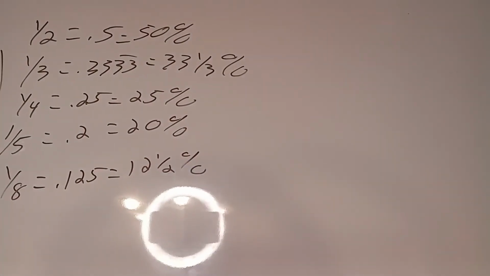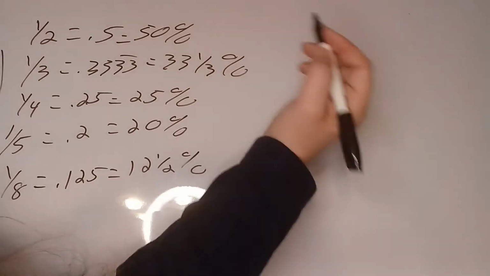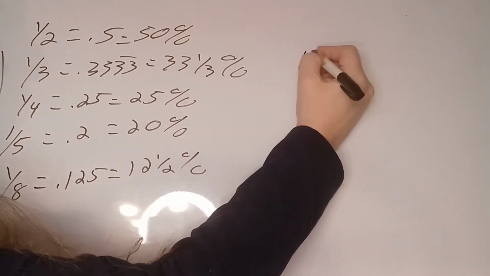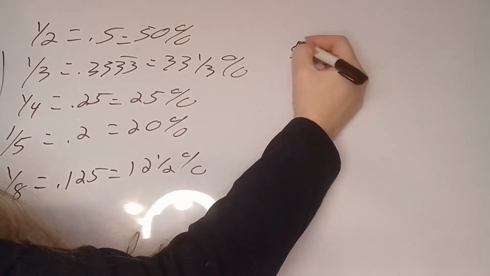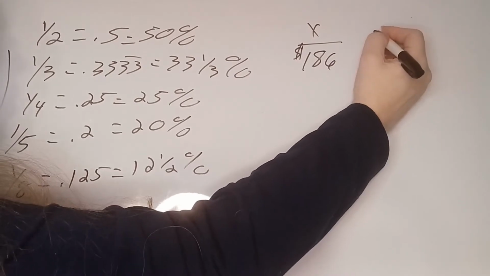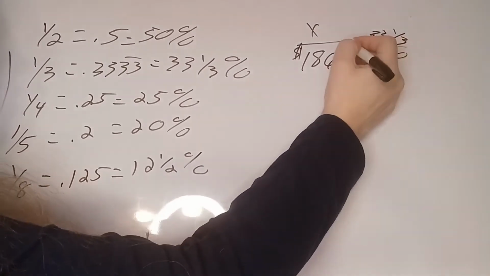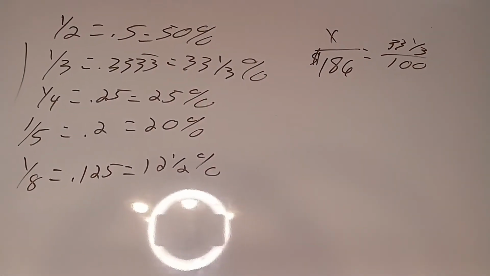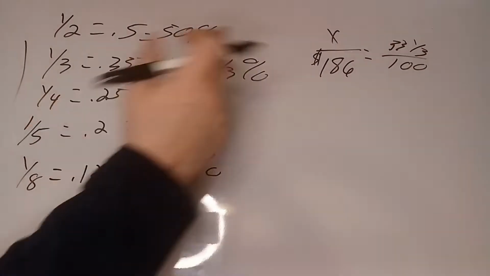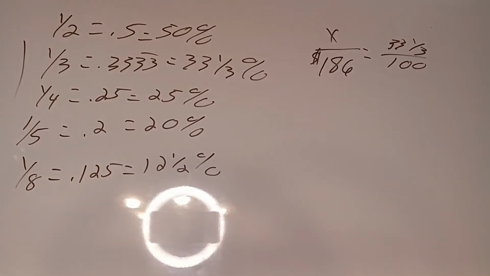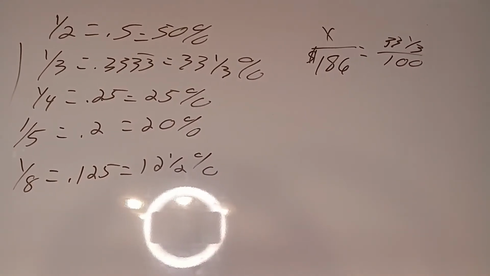Now we can use these when we're doing percentage problems, when we get some awkward percentage that we need to work with. For example, if we have something that's $186 and we want to find 33 1/3% of that. Even with the 10% method, that's an ugly thing to do.